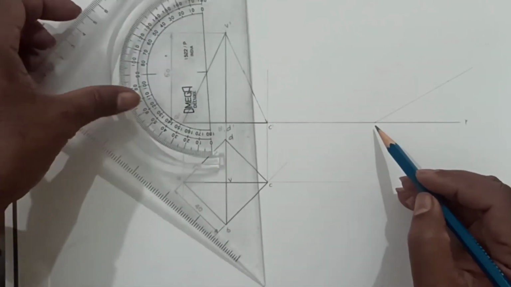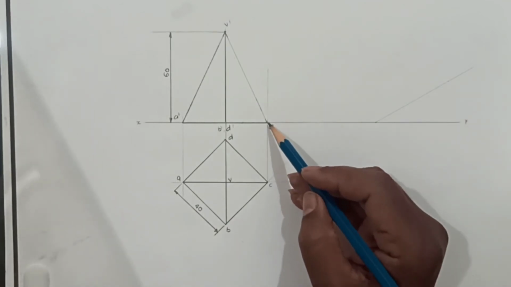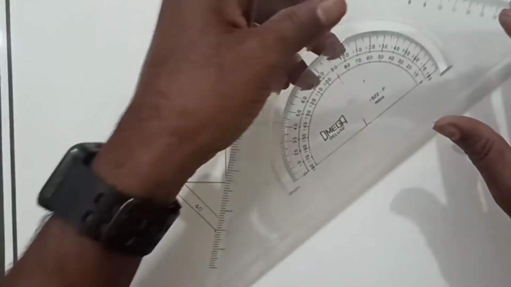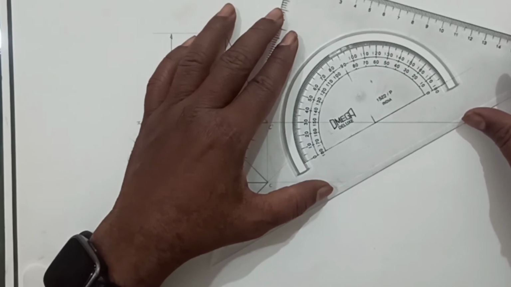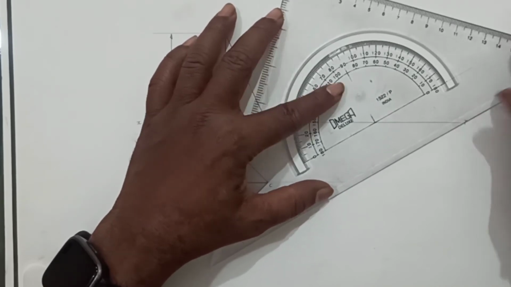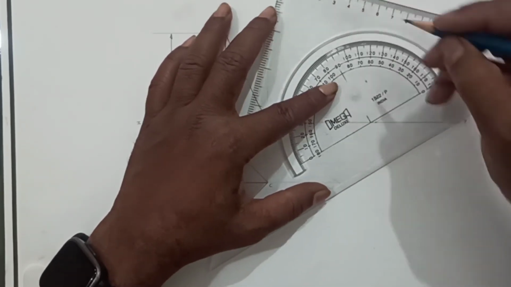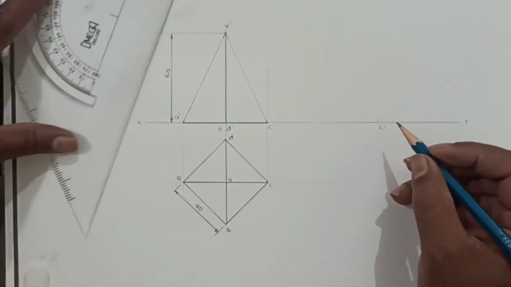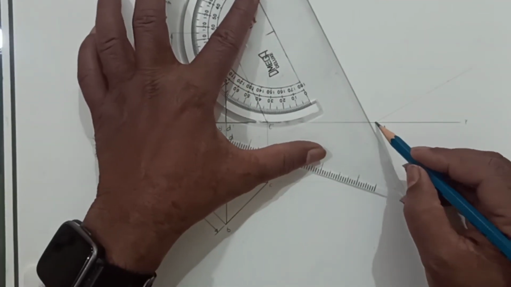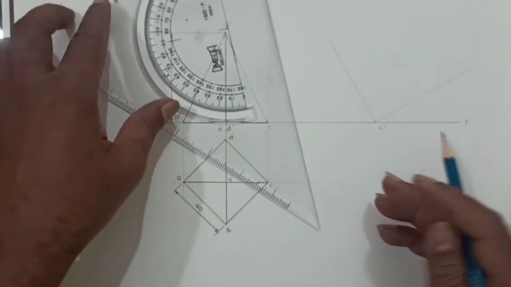Now this line we have drawn here. As this line and this line are at right angle, draw a line at right angle passing through the C dash. Draw this very faint line.